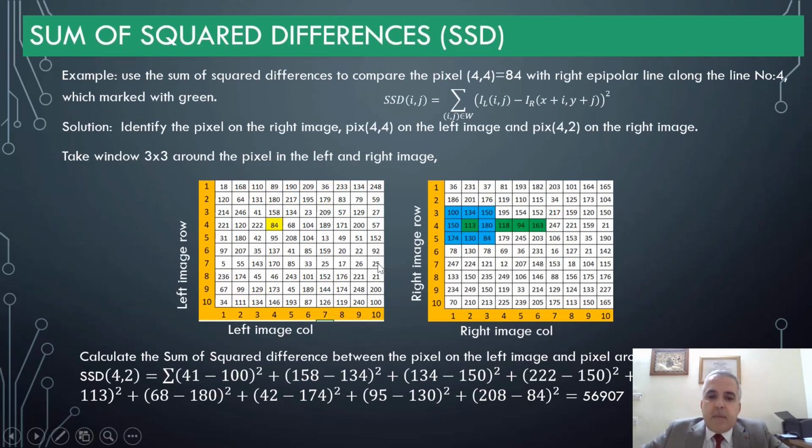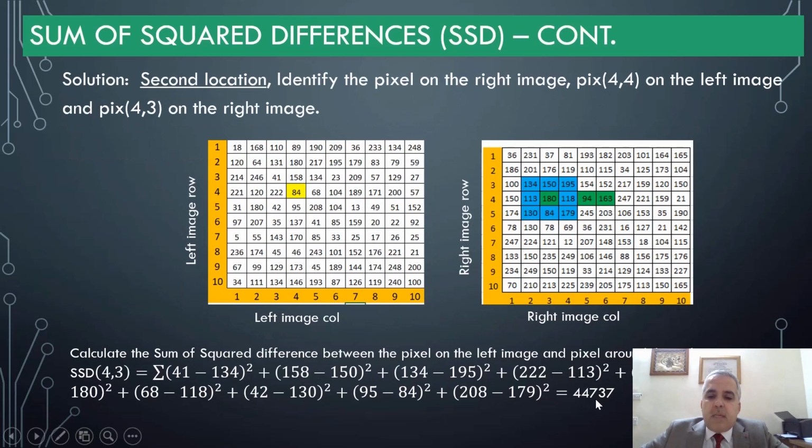By taking an example, as you can see here, we will identify the first pixel on the left image, and then we will search along this green line on the right image, and we will subtract 41 minus 100 and square it, and then 158 minus 134 and square it, and so on, so it covers the whole window. We will get 56,907.